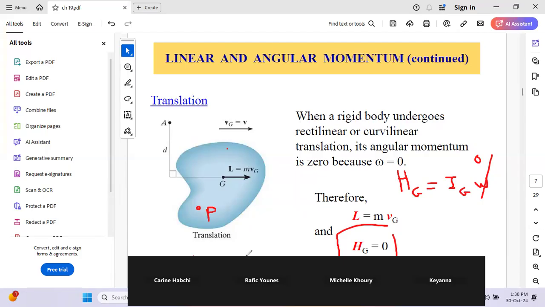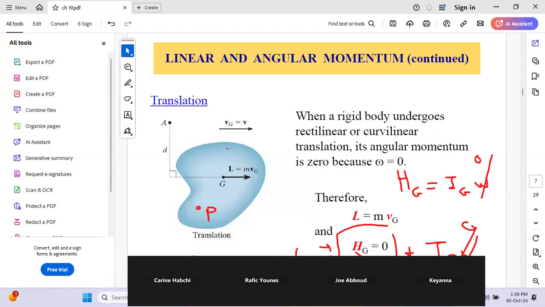It's the moment of mvg about P, plus IG omega. So here no omega, this term will cancel out, but the first term will not be 0.